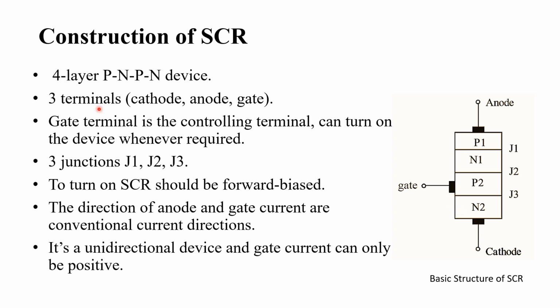So now our device has three terminals, that is cathode, anode, and one extra terminal, this is gate. Now why do I call this an extra terminal? As seen earlier, a diode basically has two terminals, one is cathode and one is anode. But SCR has an extra terminal that is called the gate terminal.